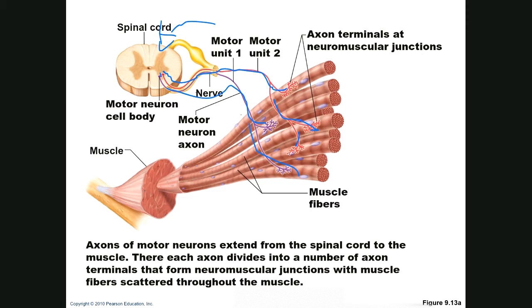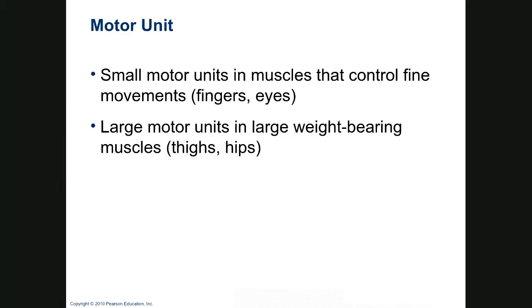Small motor units, where you have one nerve supplying just a few little muscle fibers, are going to control fine movements, things like fingers and eyes. Large motor units are for thighs and hips. One nerve supplies many muscle fibers because you don't have to have that fine-tuning control in your thighs and hips.